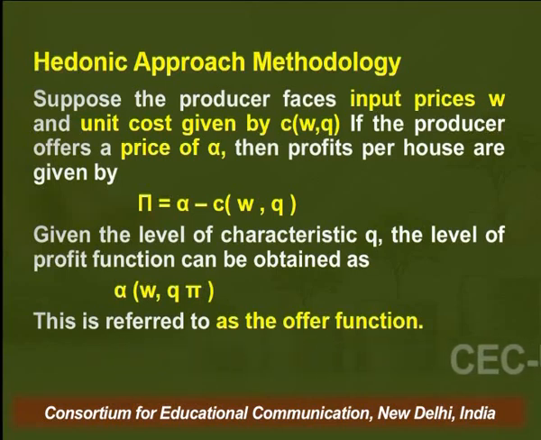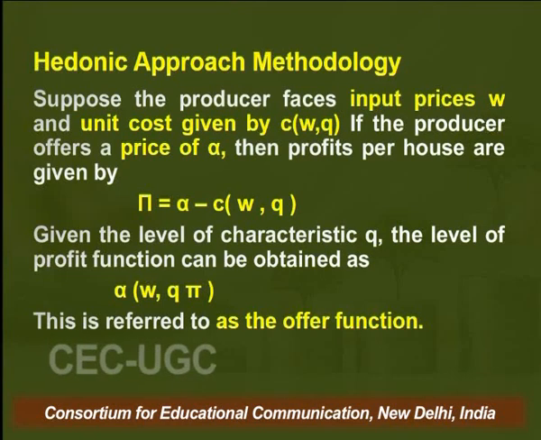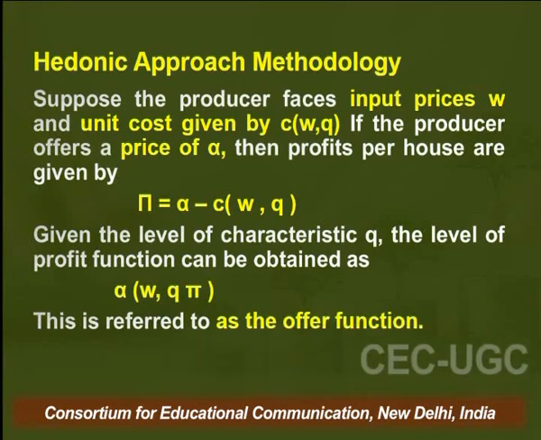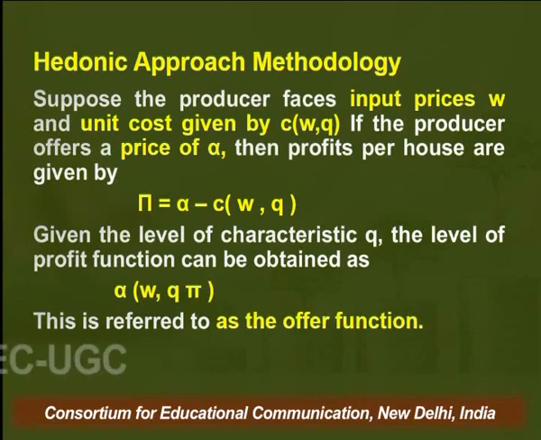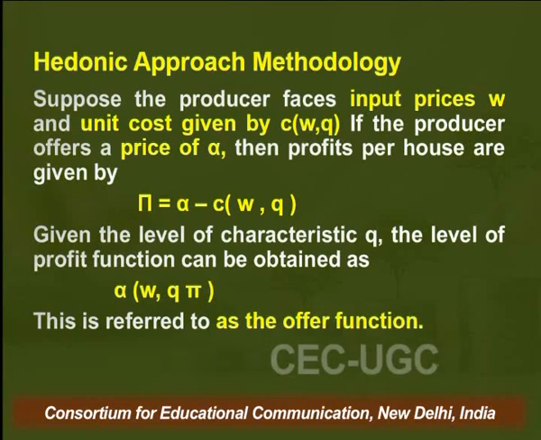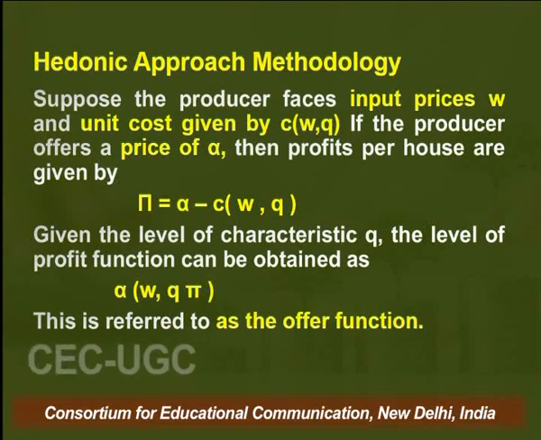Profit is alpha minus the cost. And what is the cost of the producer? It is a function of the labor used and the environmental quality, because environmental quality comes with a cost. So the profit is alpha minus C(W, Q), that is the cost function.